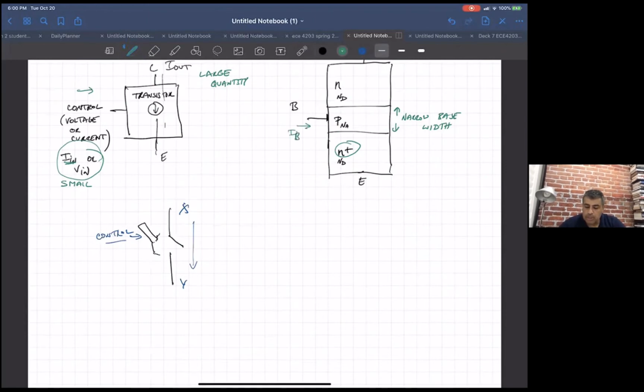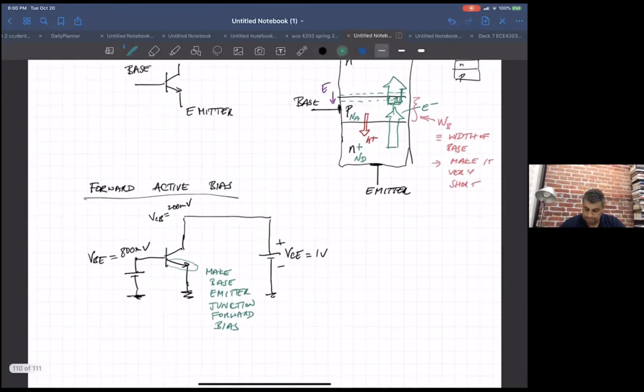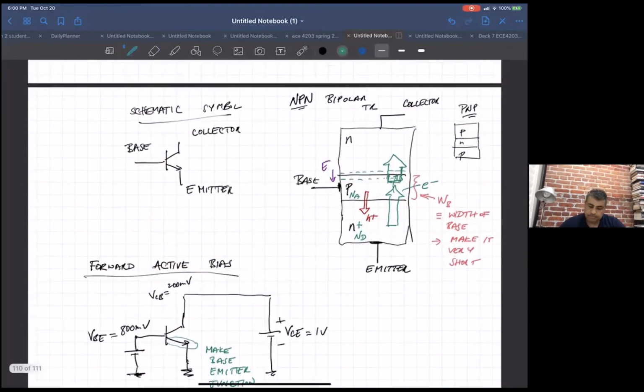Because of this current coming from the base to the emitter when you're forward biasing this junction, remember there's a current from the emitter that's diffusing out to the base in electrons, and that's going out to the collector.